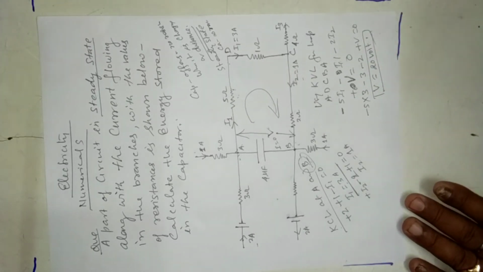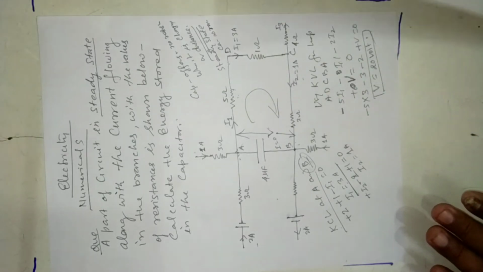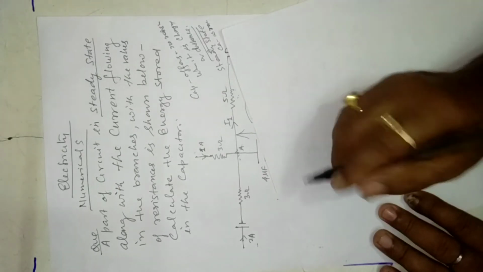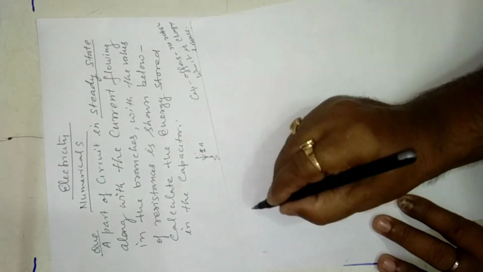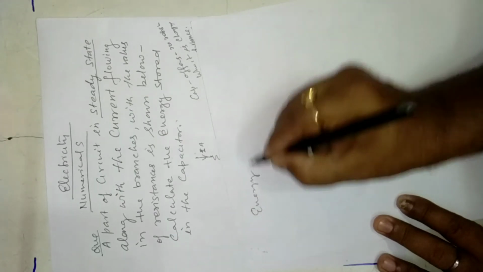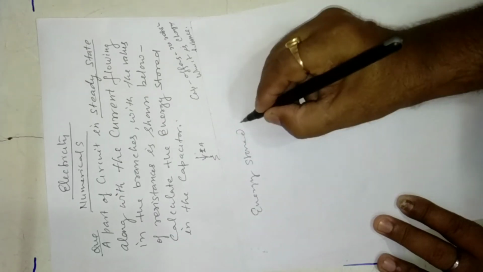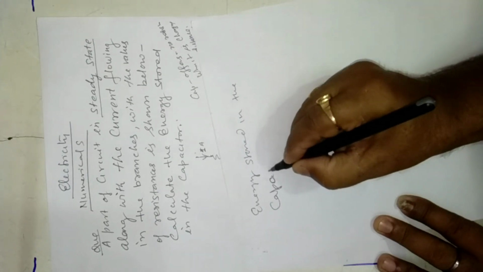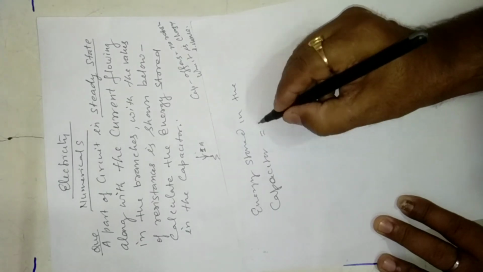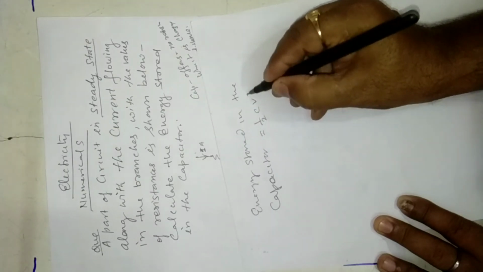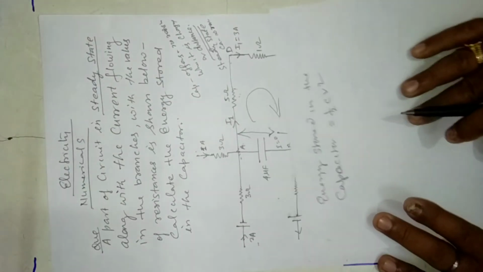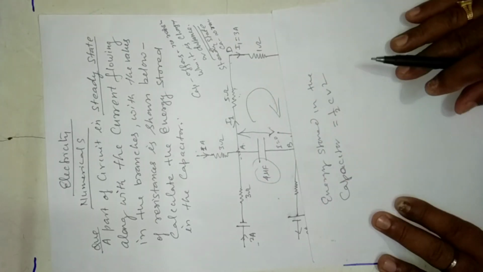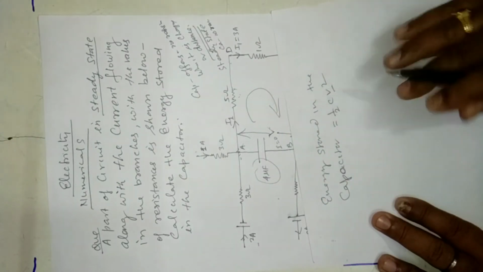Now come to the energy stored. The energy stored in the capacitor is equal to, we will use here half CV square, because C is known in the circuit, it is 4 microfarad, it is given, and V we have calculated.